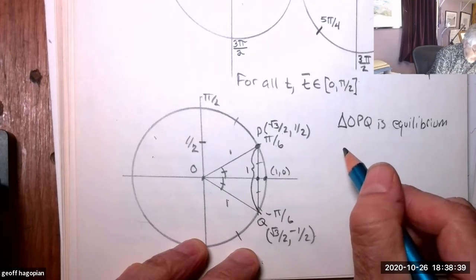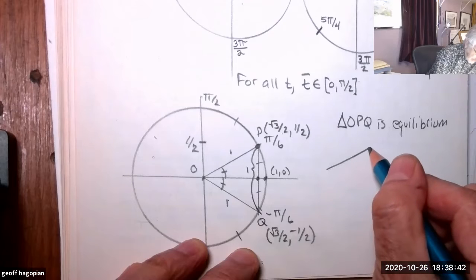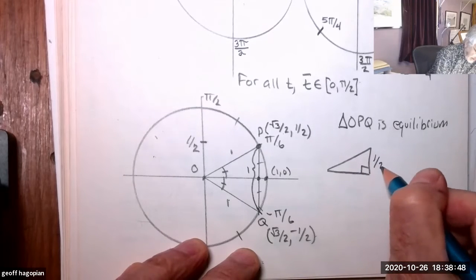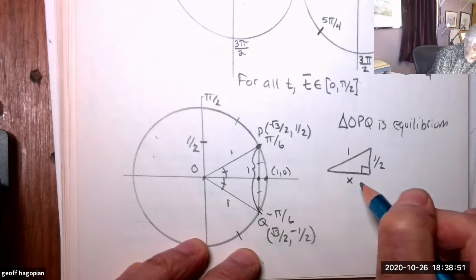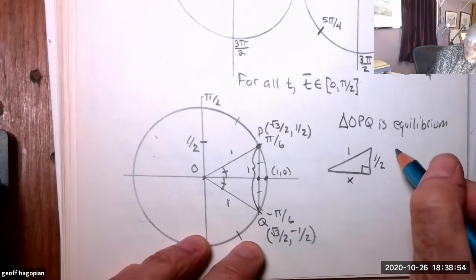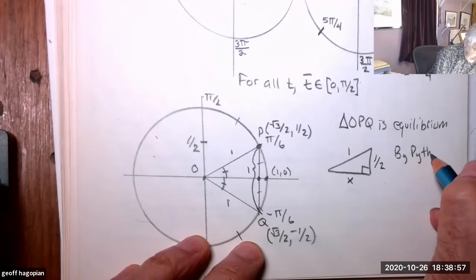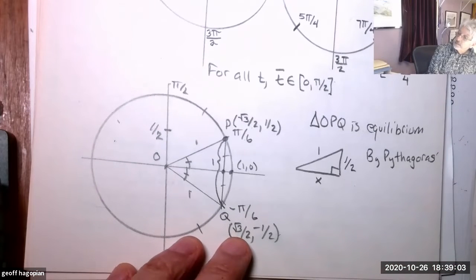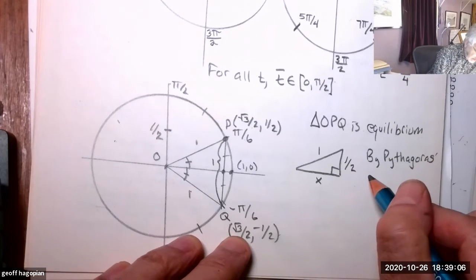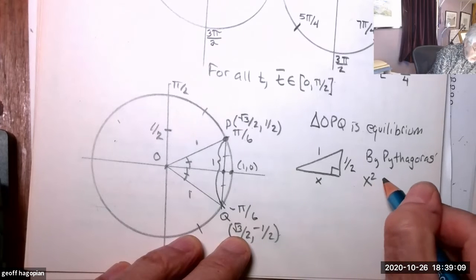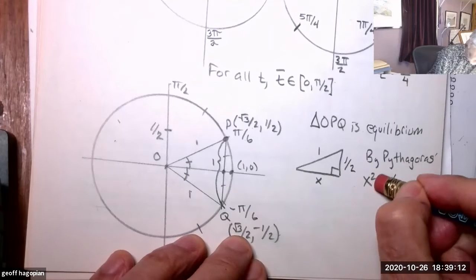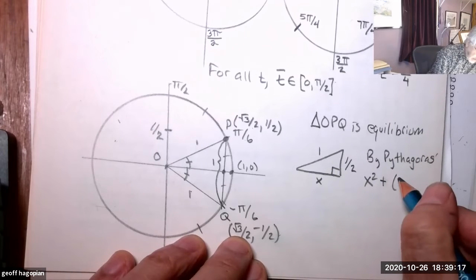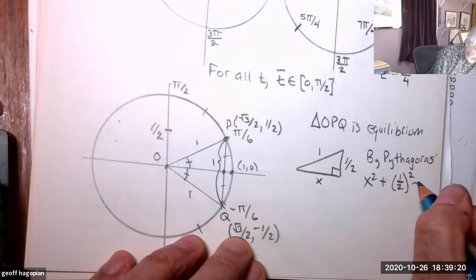I have that, just freehanding this triangle here, that if this is 1/2 and this is 1, then this is x. That's by Pythagoras' theorem. The sum of the squares of the legs is equal to the square of the hypotenuse.